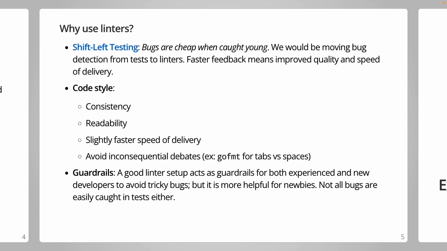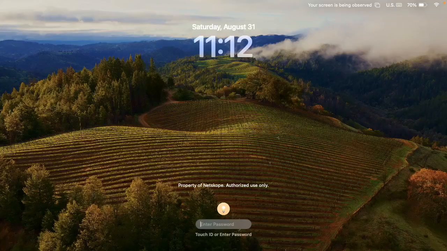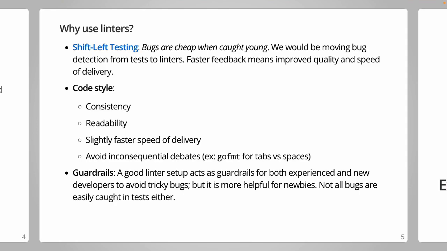All of these small things actually add up in the long run. So having this consistent code style which you codify and are able to apply for everyone working on a particular project will help with speed of delivery and avoid inconsequential debate. There are a lot of things that we can argue about, and sometimes there are good points on both sides, but in the interest of actually getting things done, it's better to just pick one and proceed.